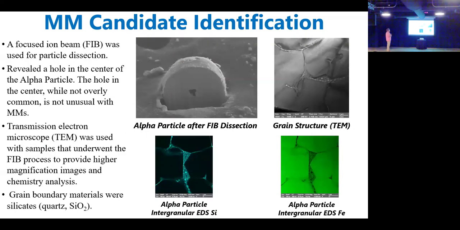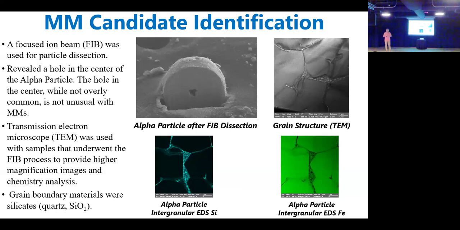So we focused a lot of our attention then on this so-called alpha particle. We have a nice focused ion beam where we can actually cut the particle in half. I think it was about a 20 micron diameter particle. We sliced it in half, and there was a hole in it. Does the hole mean it's a micrometeorite?